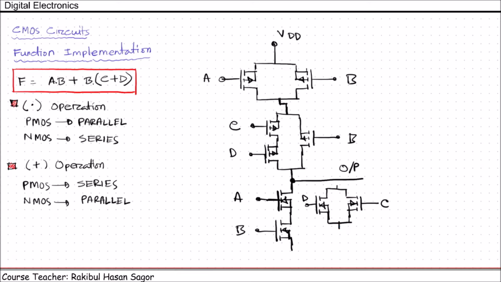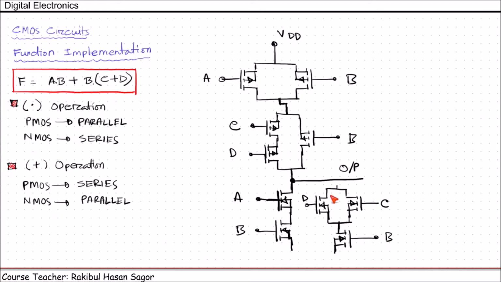Once they are connected in parallel, we need to multiply B, that means AND. We need to have AND operation of B with C or D. This is the C or D part. For AND operation for NMOS case, the connection should be in series. So let us give another input, that is B, in series. Now this is B into (C plus D) for the pull-down network.